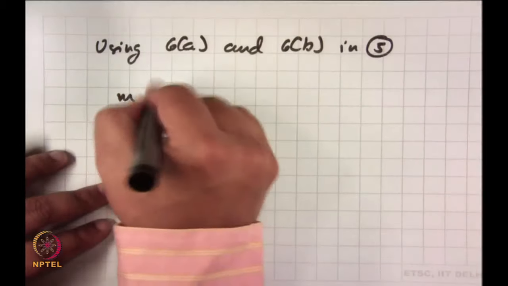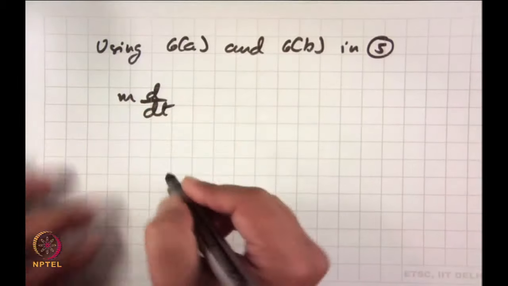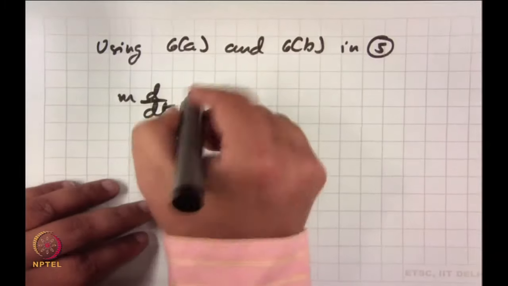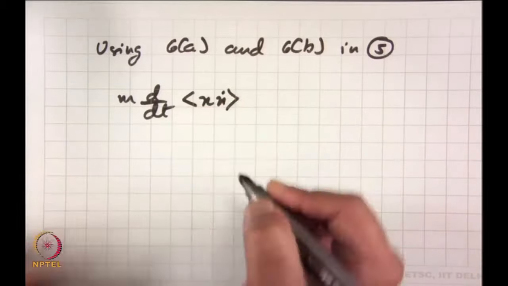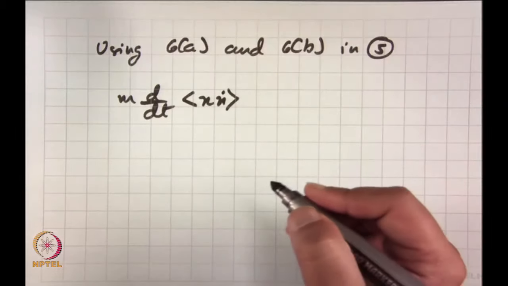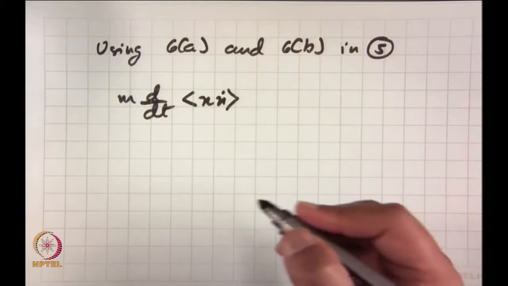m d of dt x x dot, now minus m x dot square, this is equal to what? Good.